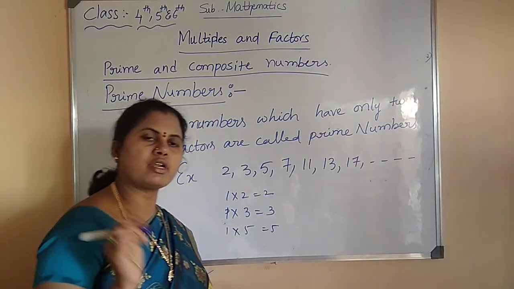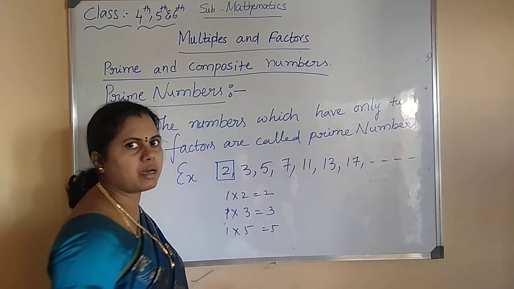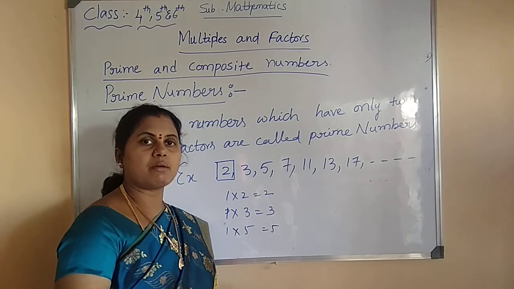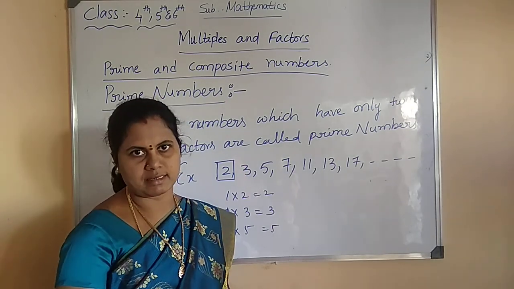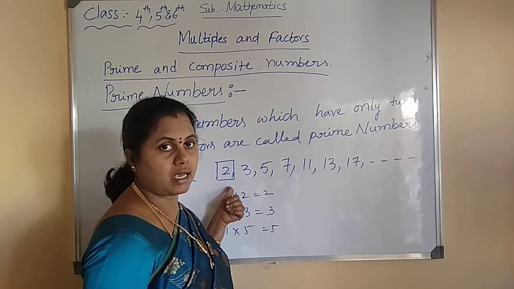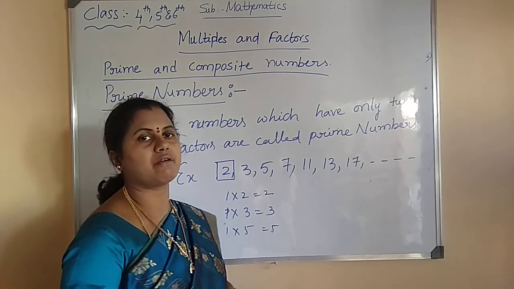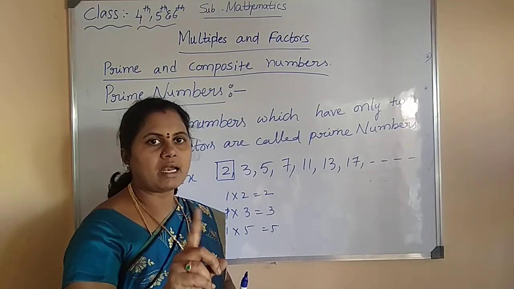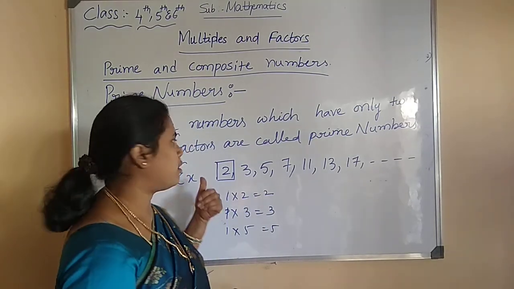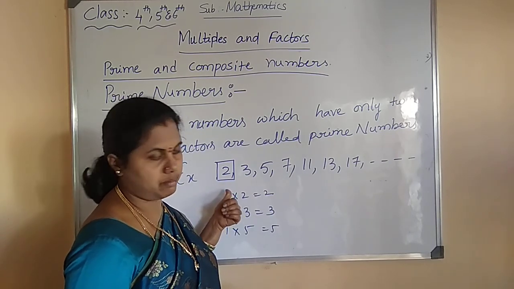In this, one more important point: 1 and only 1 even prime number is 2. Any even number will have more than 2 factors. But here 2 is an even number. Though it is an even number, it is having only 1 and itself as factors. That's why it is 1 and only 1 even prime number.